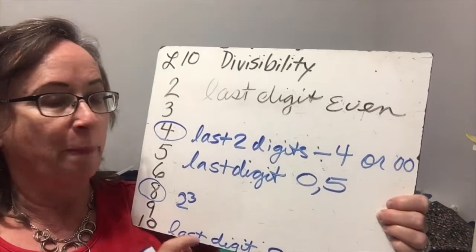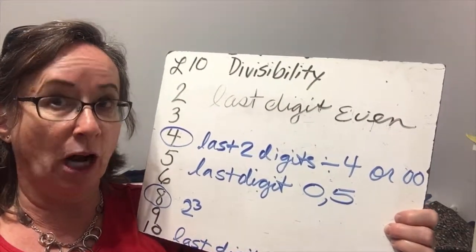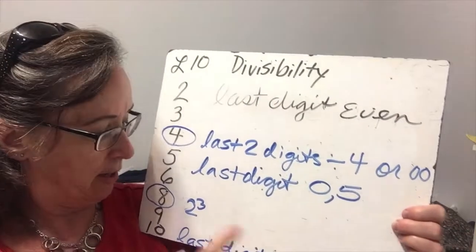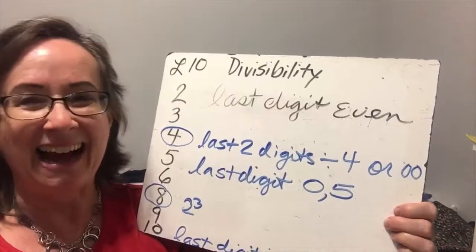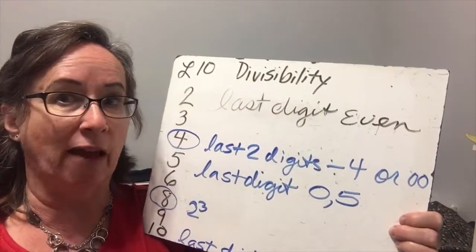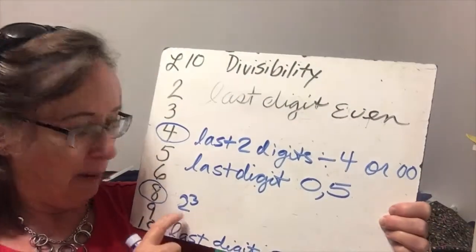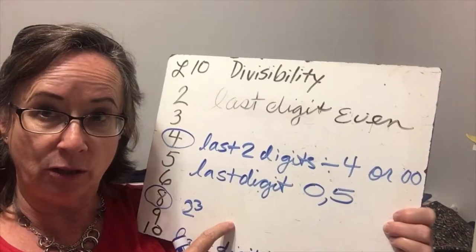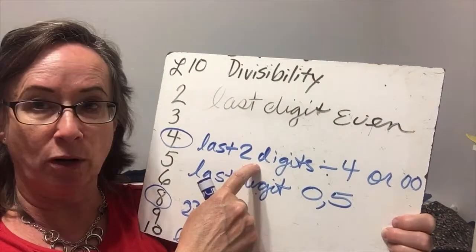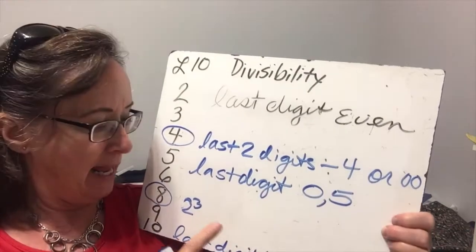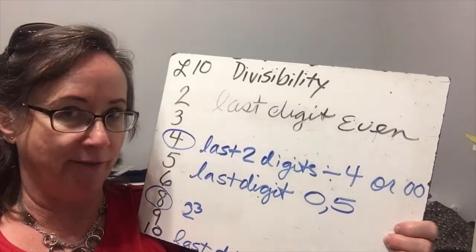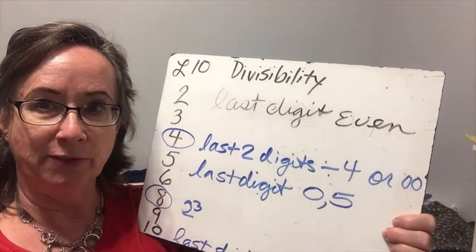So that's kind of the 8 rule. There's not really a formal rule for 8, but I have to have 2 cubed. 2 squared is the 4 rule. But then if I divided by 4 and still had an even number left, then it would be divisible by 8.